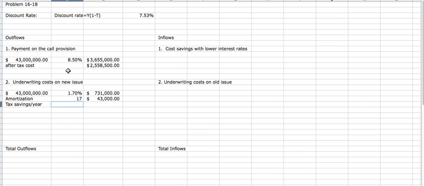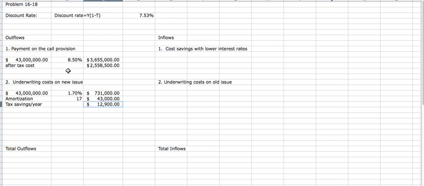The tax savings per year is going to be this $43,000 times 0.3, which is our tax rate. So we will each year generate $12,900 in tax savings.